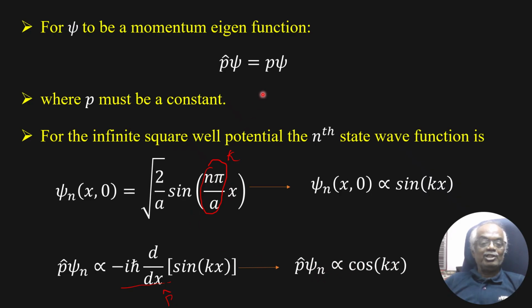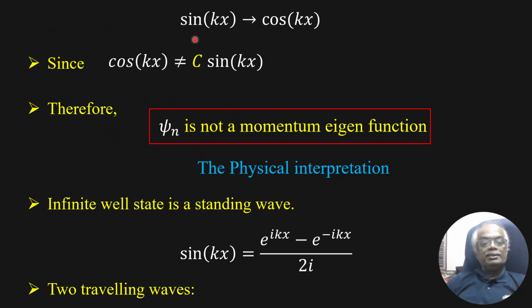Just now we have seen that when the momentum operator acts on sine kx, we got cos kx. At any cost, cos kx is not equal to sine kx, even if you multiply by some complex number. So this is not equal. Therefore, sine is not a momentum eigenfunction.